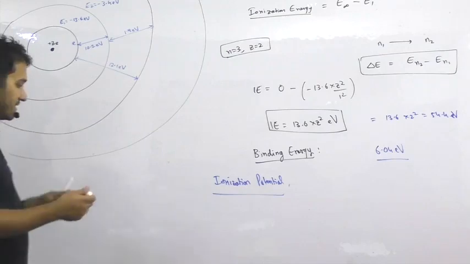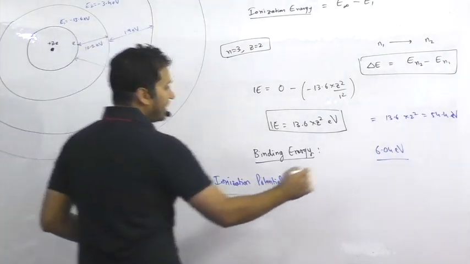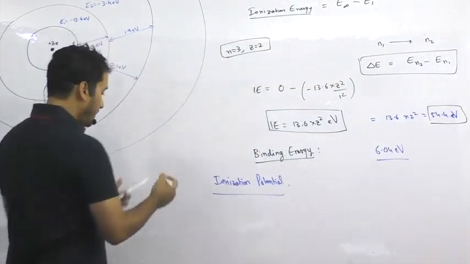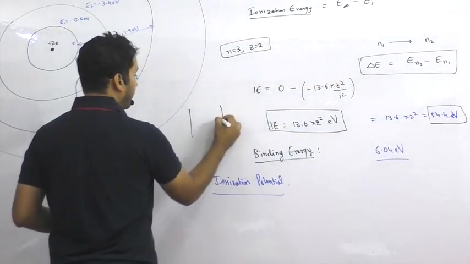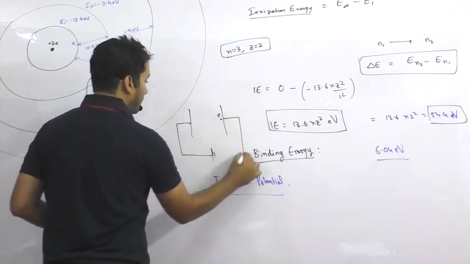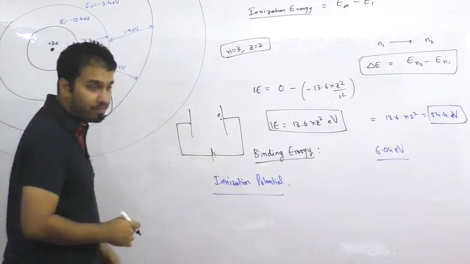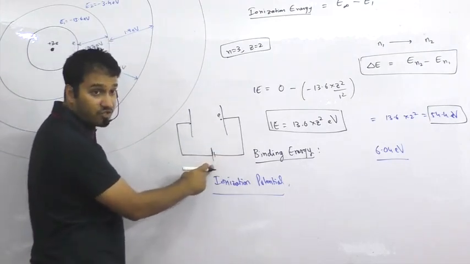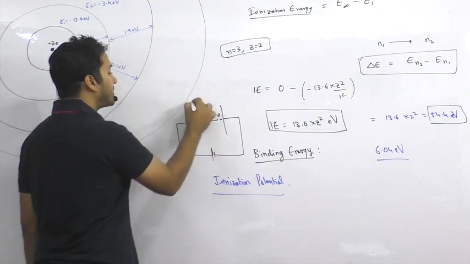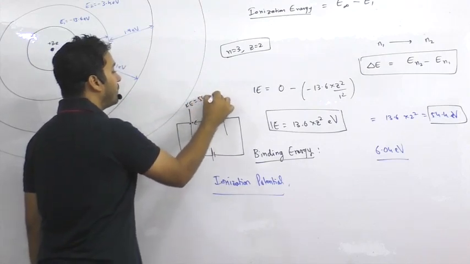So what I'm saying is that the ionization energy is how much over here? 54.4 electron volts, right? So if I have an electron at rest, and I put it in an electric field, how much should be the potential of this battery so that by the time the electron comes here, its kinetic energy is 54.4 electron volts?